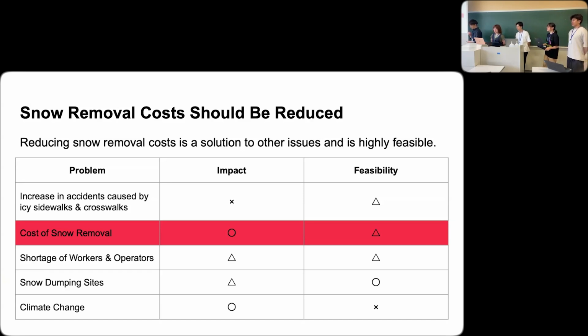After evaluating each problem based on these criteria, we found that reducing the cost of snow removal is the most important problem to solve. So our team would like to present a solution for reducing the cost of snow removal.